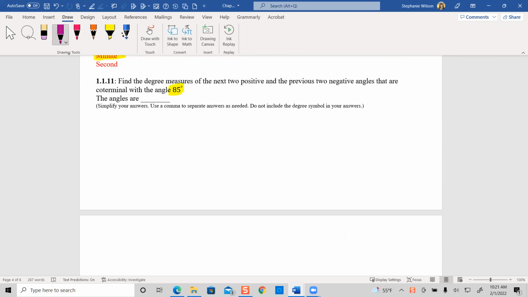What I know is the measure of beta is equal to the measure of alpha plus the constant k times 360 degrees. We are given an angle, right? And this one, we're going to let it be the measure of alpha.